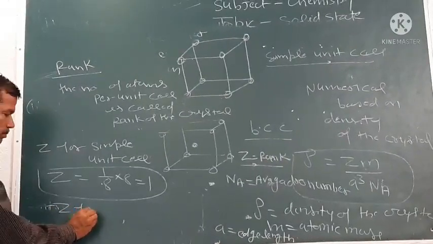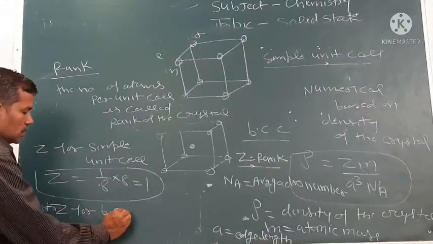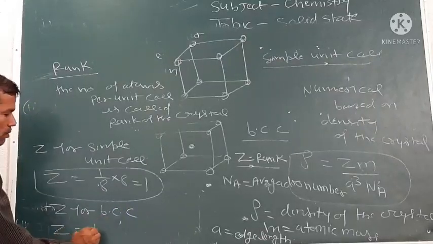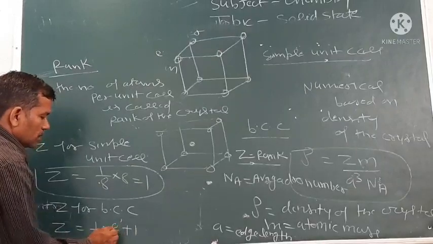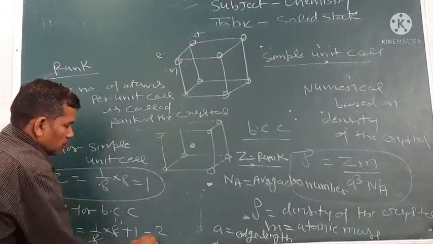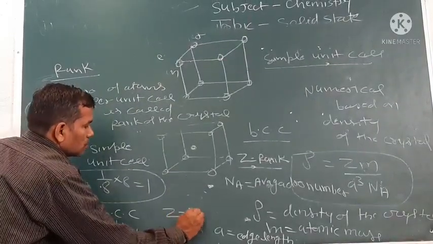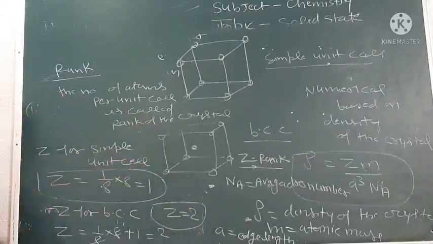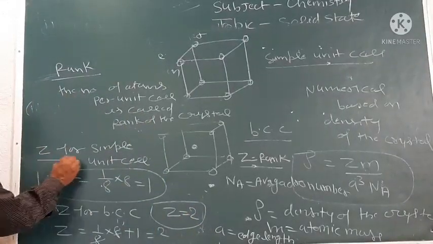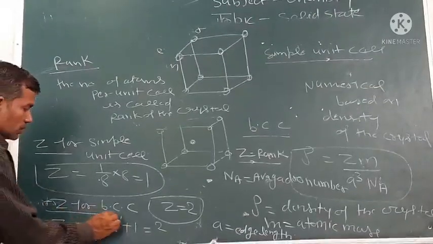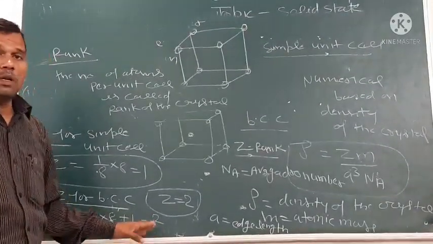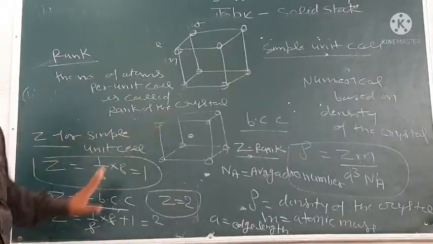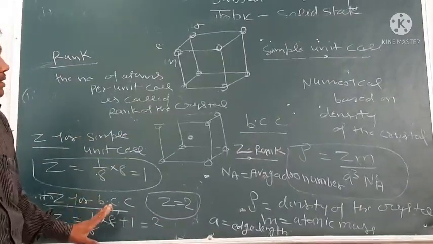Z for BCC: Z is equal to 1 by 8 into 8 plus 1, which means 2. This is the rank for BCC.